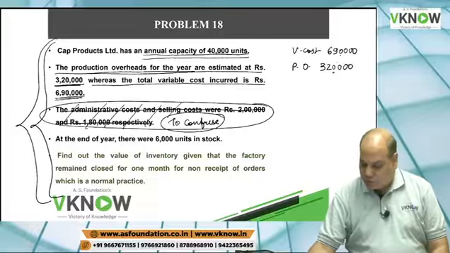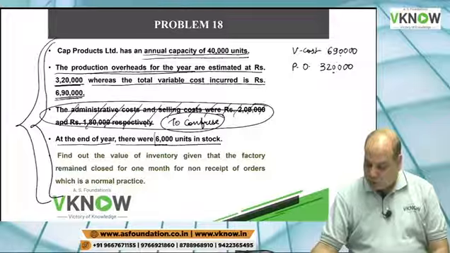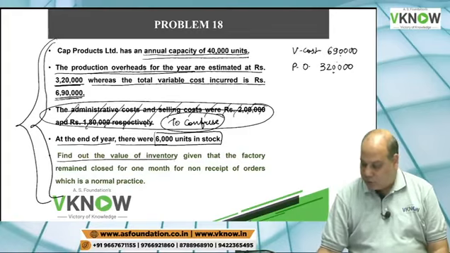So this is given to confuse a pre-confused student. At the end of the year, there are 6,000 units in the stock. Find out the value of inventory.